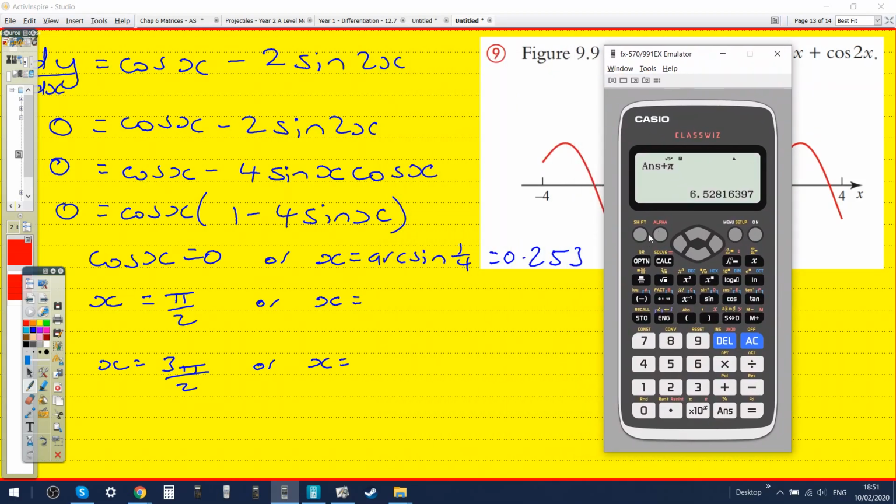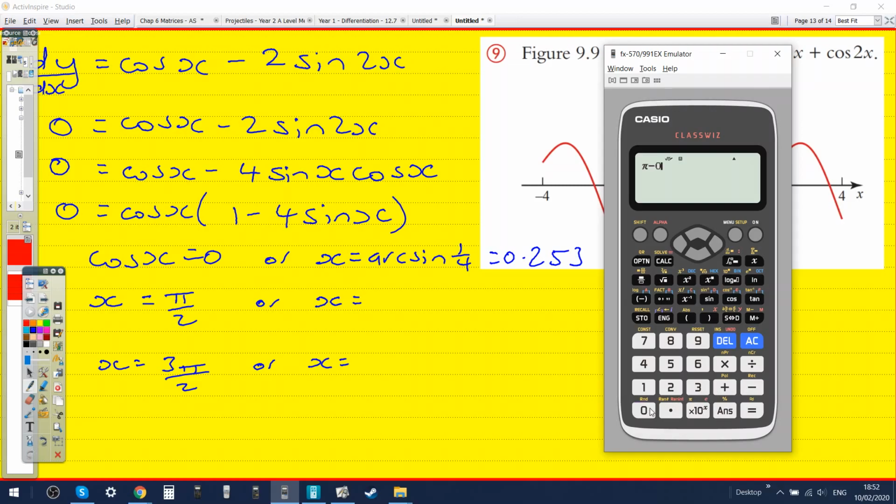Yeah. So how would you get an additional answer for sine? For sine, you do 180 minus. And what is 180 in radians? That's just pi. So pi minus 0.253.